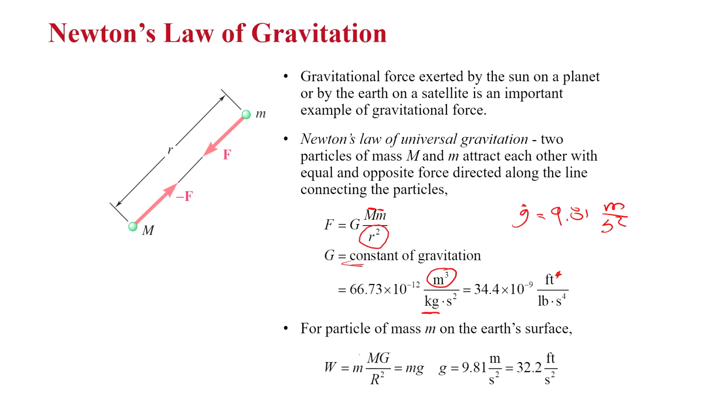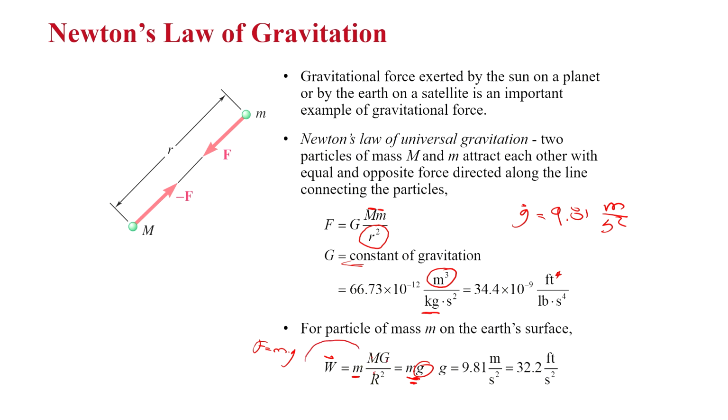So for a particle of mass m on Earth, we use that m. This is going to be a force, right? Remember, force equals mass times gravity, times acceleration. So mg, just the gravity portion of it, is 9.81 meters per second squared, because it's already factoring distances and other masses.